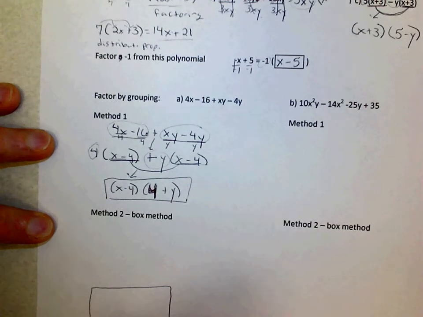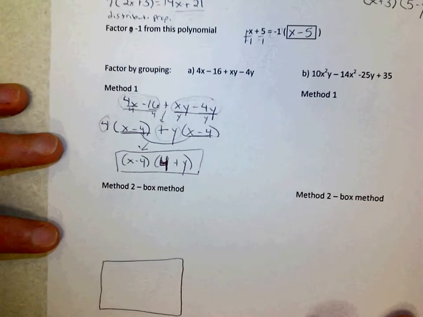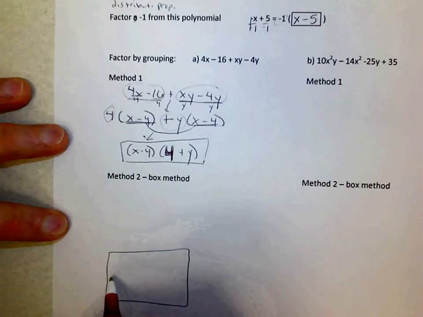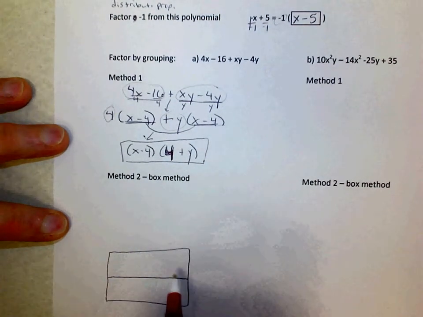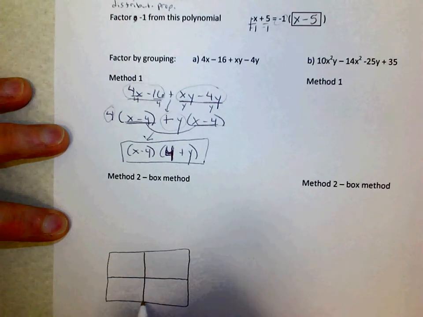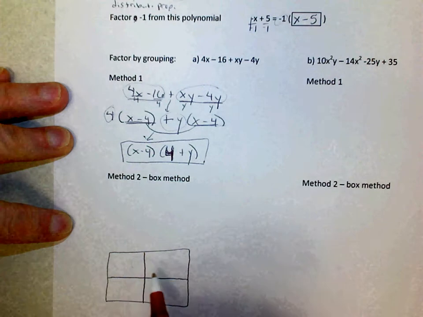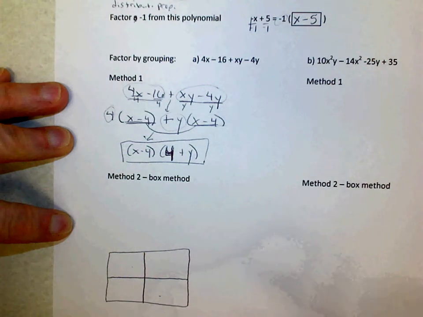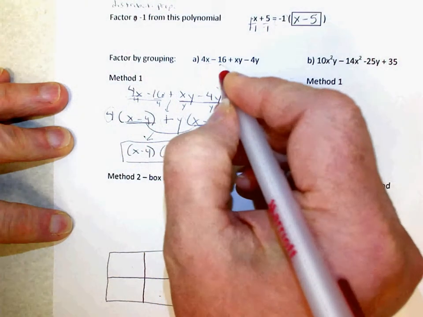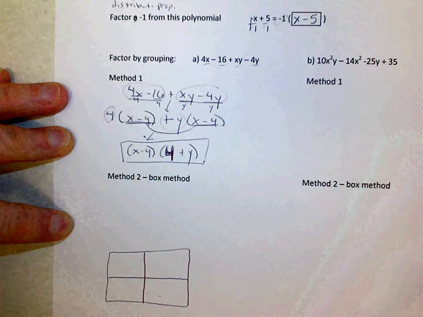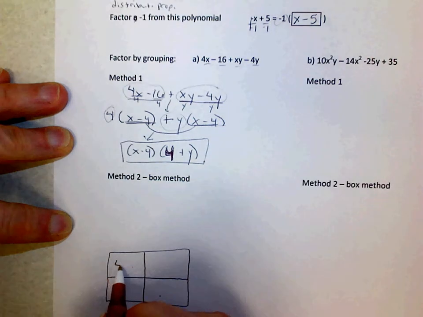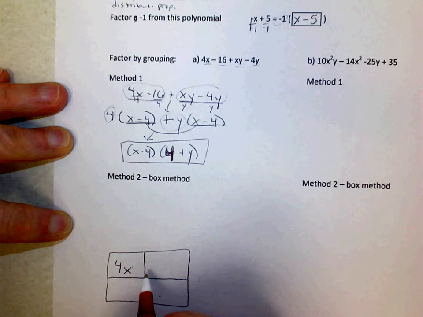You draw a rectangle, and then you split that rectangle in half both directions. And then, well, hey, 1, 2, 3, 4 little boxes, 1, 2, 3, 4 terms. Just fill it in as you see it. So 4x in the first box. Notice I'm emphasizing my sign.